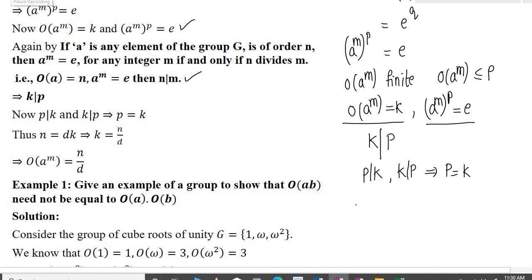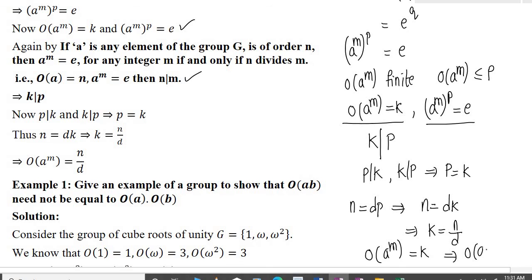We have n equal to dP, which implies n equal to dk, because P equal to k, which implies k equal to n by d. At the starting we have taken order of A power m as k, so replace k with n by d, then we get order of A power m equal to n by d.